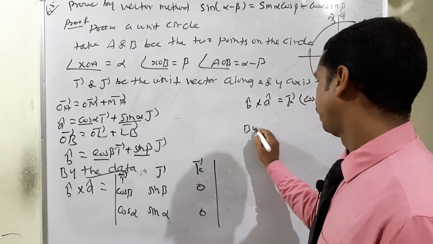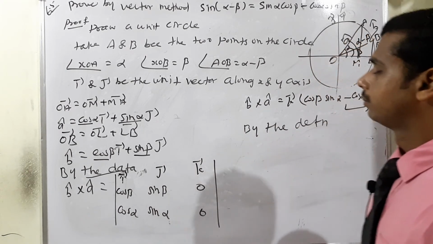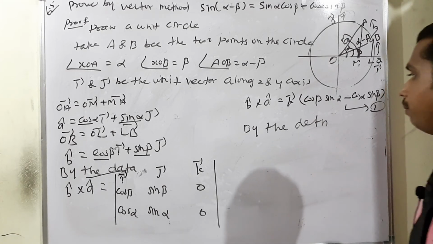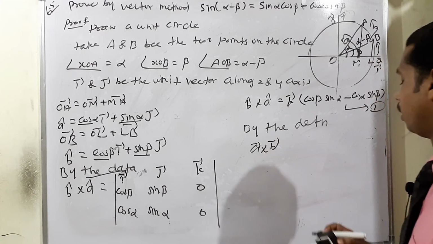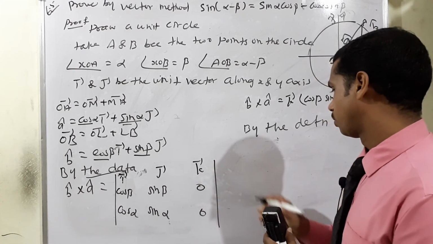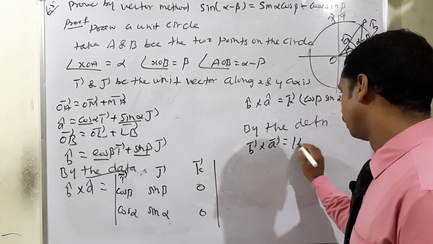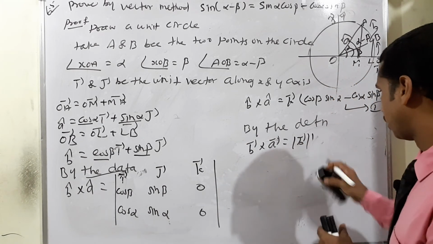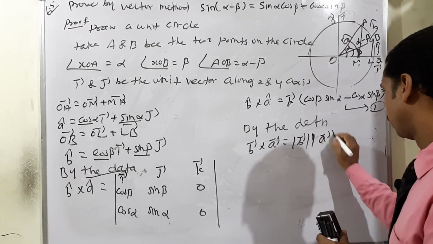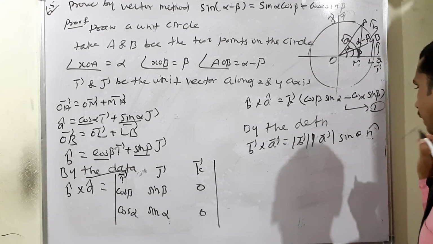As usual, by the definition, what will happen? Already we know the cross product means A vector cross B vector. But here we start with B, isn't it? So B vector cross A vector means modulus of B vector into modulus of A vector into sin theta n cap.